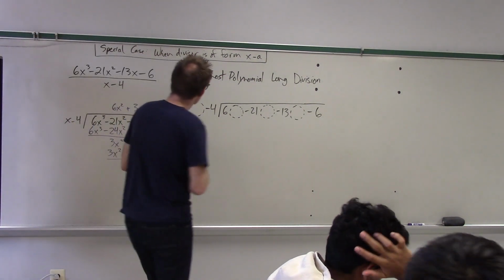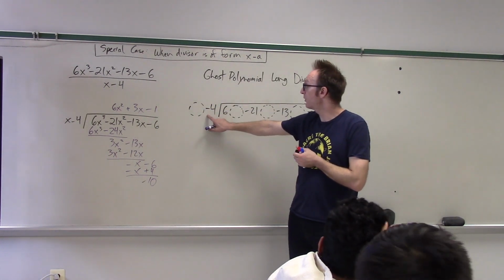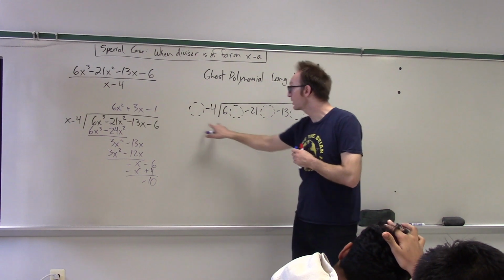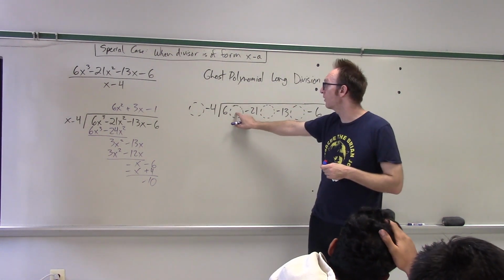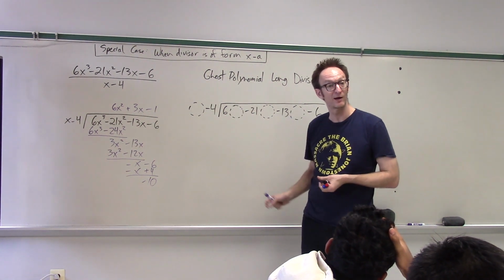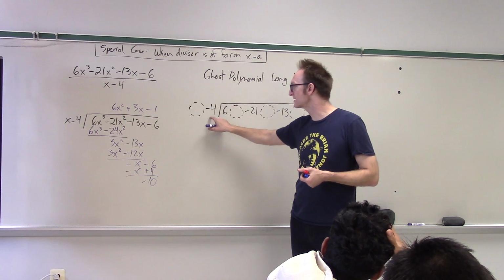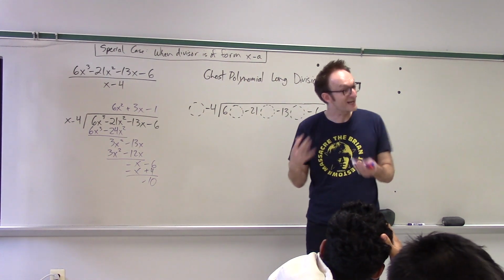Watch. What am I going to do first? Well, the first thing I'm going to do is see how many times x minus 4 goes into 6x cubed. And notice that I don't even need to know whether that's 6x cubed or 6x to the 4th or 6x to the 5th. It doesn't really matter. Because how many times is x minus 4 going to go into 6x to the whatever? 6 times.